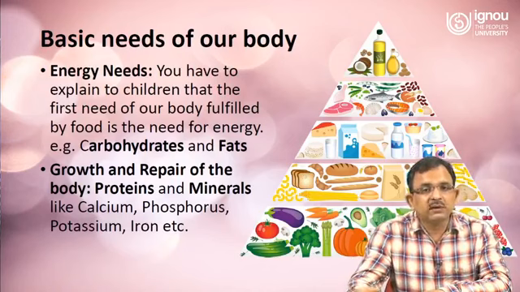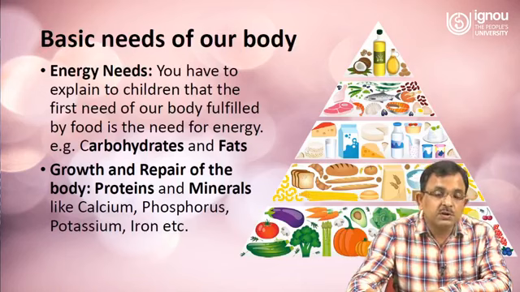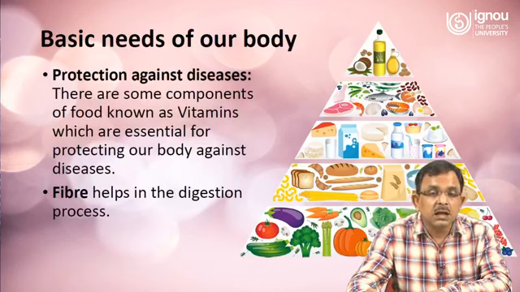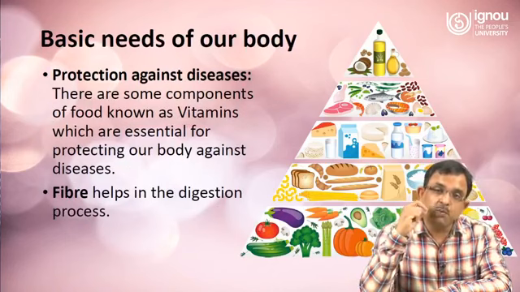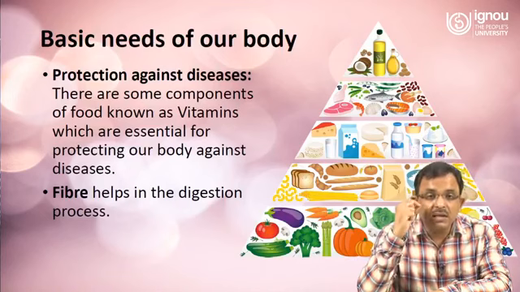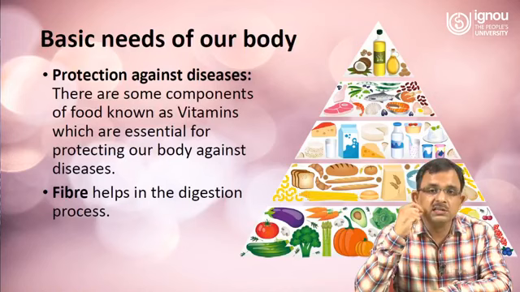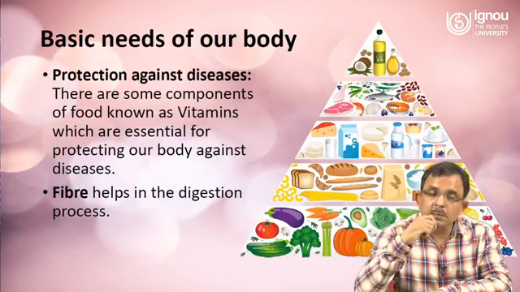Similarly, for growth and repair of the body, minerals like calcium, phosphorus, potassium, iron, and proteins are required. Then protection against diseases. The vitamins are the components of the food which we require for protection against diseases, which are essential for protecting our body. So what are the vitamins?